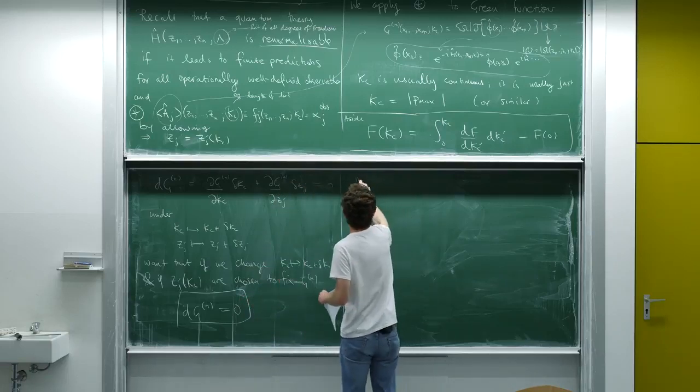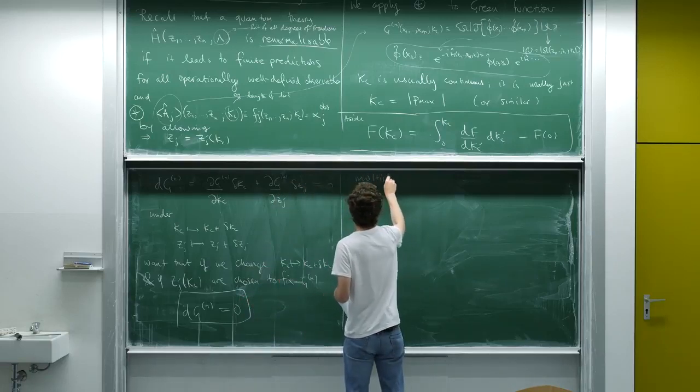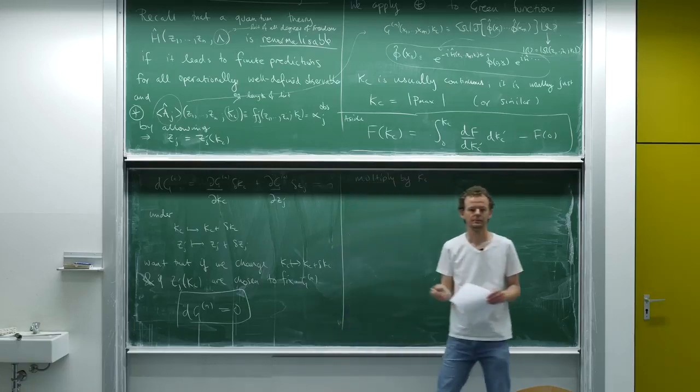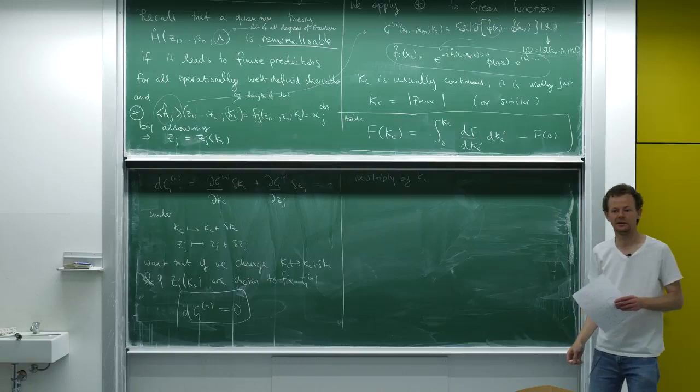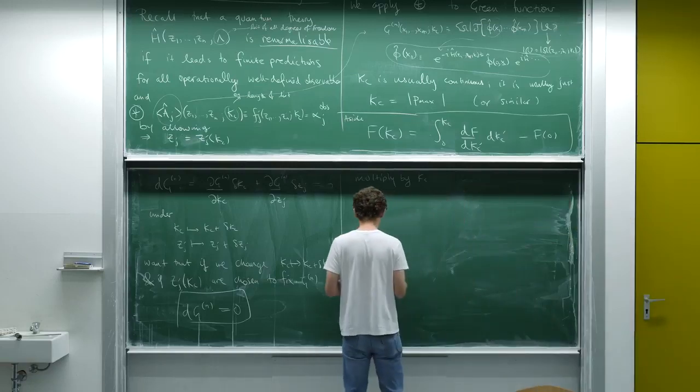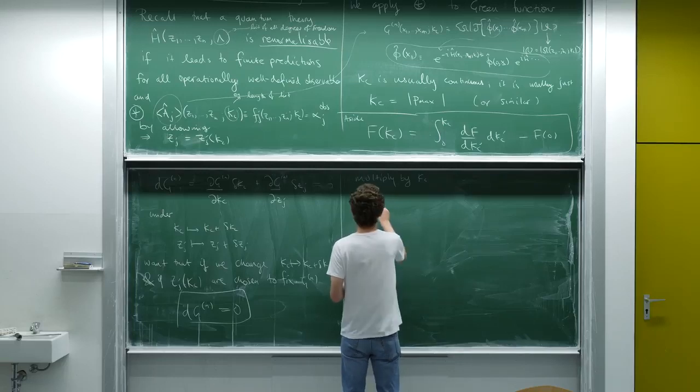And what we usually do is multiply by kc the left-hand side and right-hand side.